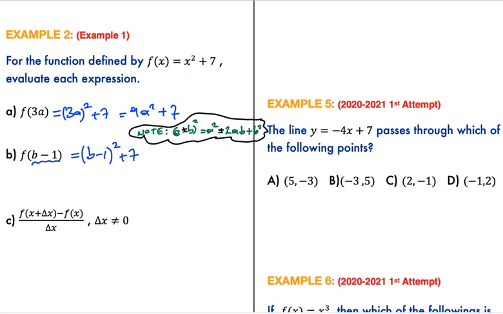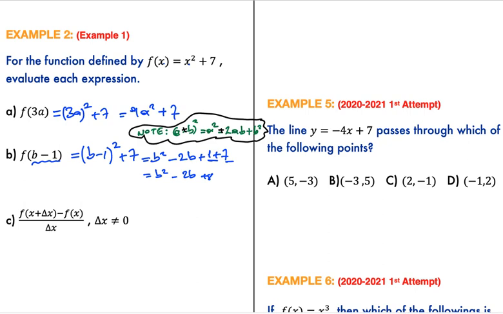So the first one squared, b squared, minus 2 times first one times second one, so 2b, plus second term squared, 1, plus 7. Let's combine like terms, b squared minus 2b, and we can add those two numbers. 1 plus 7 makes 8. So that's our result.